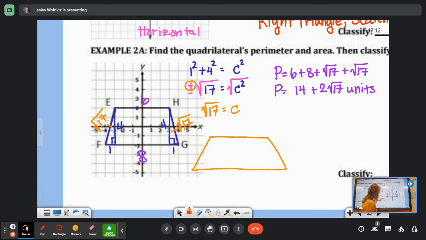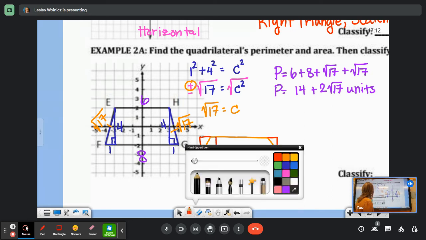I'm going to chop off this little triangle, and I'm going to put him up here. Now he's gone there. You see how I'm making a rectangle right now?